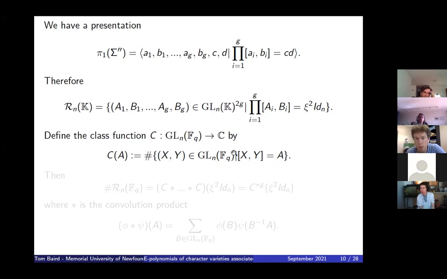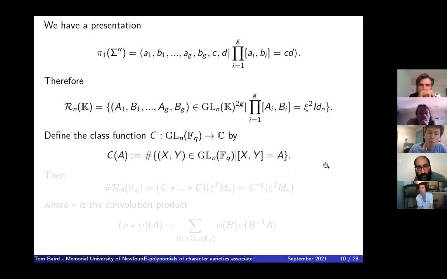Okay. So this function actually takes values in non-negative integers, but I want to think of it as a complex valued function, though it's integer valued. So if I want to evaluate this when g equals 1, all I do is take this function and evaluate it at this element here.